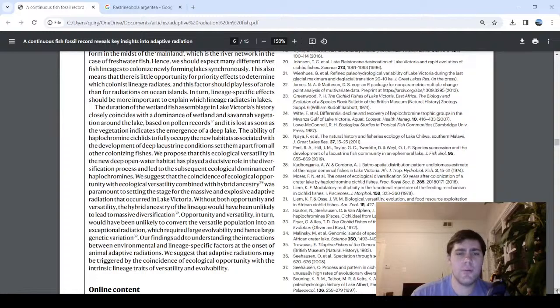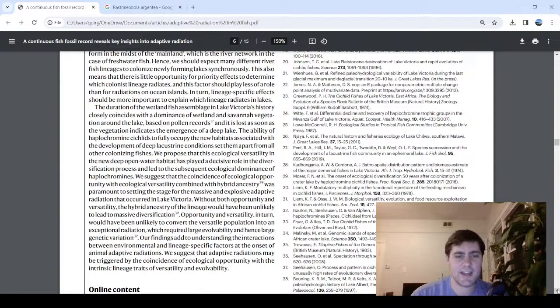Without both opportunity and versatility, the hybrid ancestry of the lineage would have been unlikely to lead to massive diversification. Opportunity and versatility in turn would have been unlikely to convert the versatile population into an exceptional radiation, which required large evolvability and hence large genetic variation.